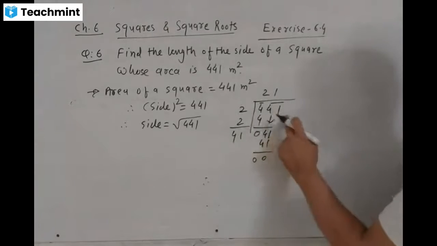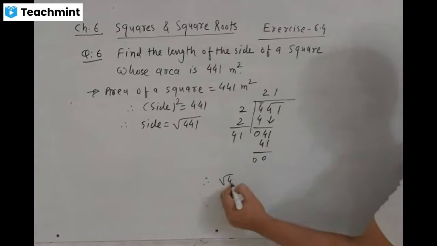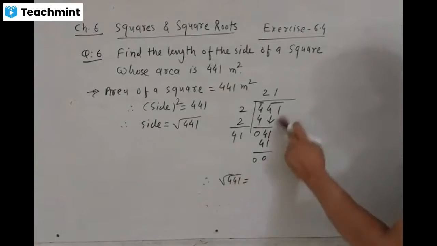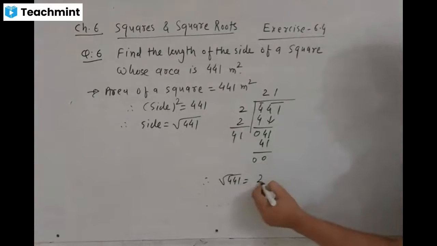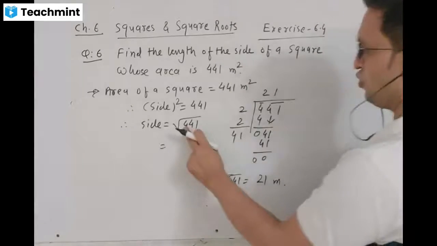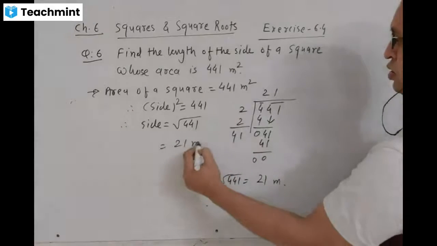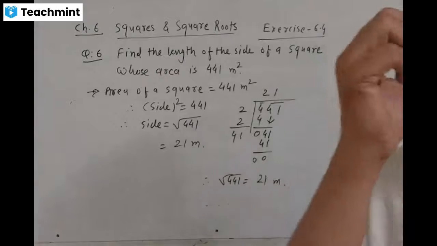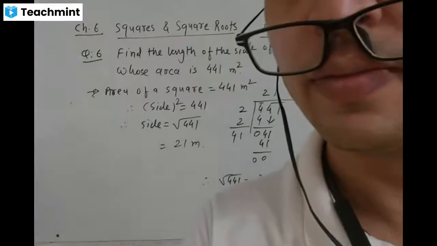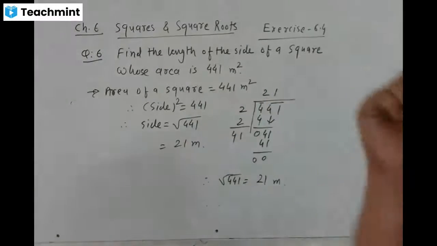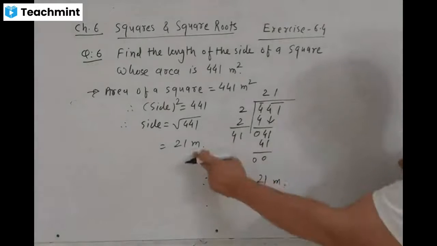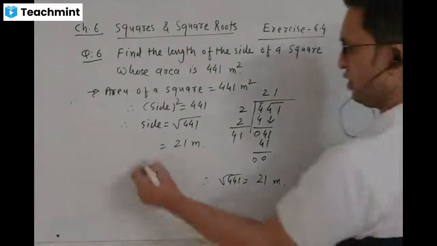Therefore, the square root of 441 is equal to 21 meters.